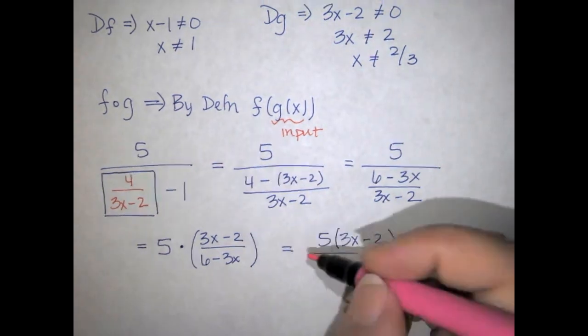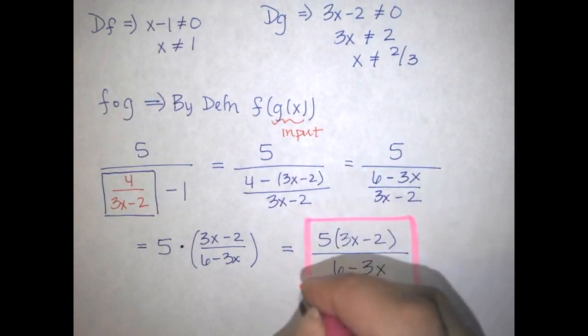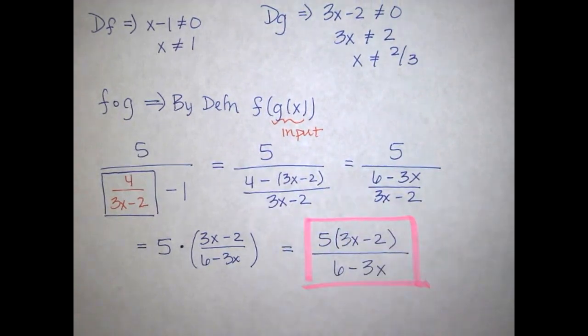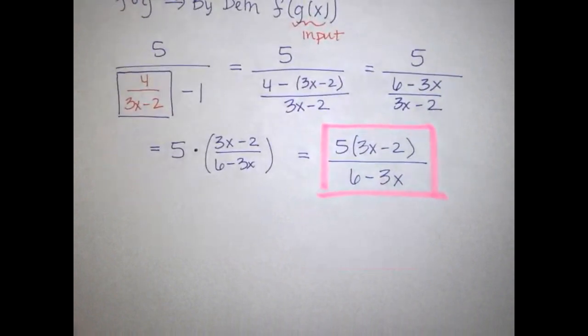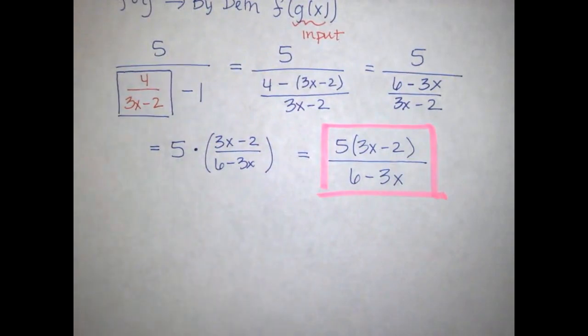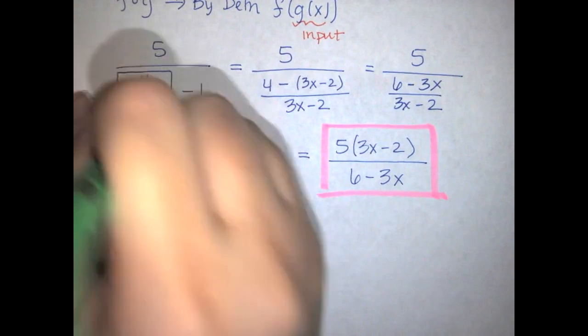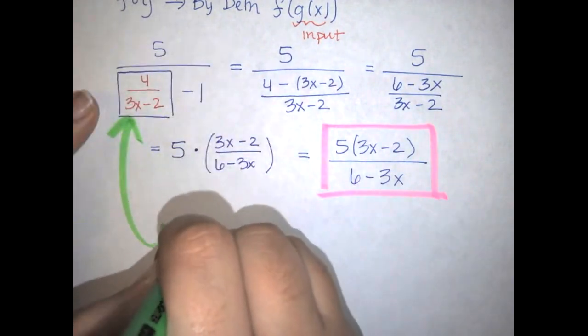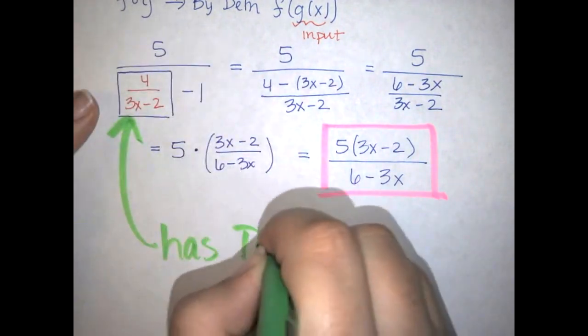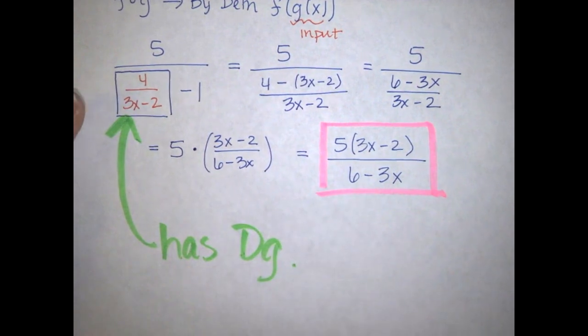So this is what I was looking for. Now, there's a couple things that we have to keep in mind when looking at this particular domain. First is this part right here has your domain of G. Okay.